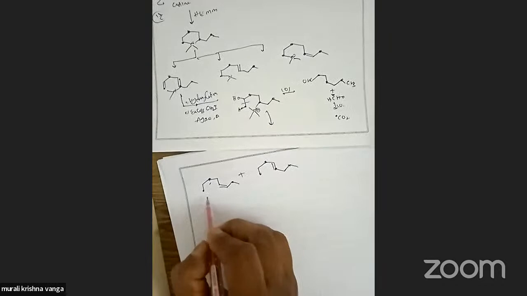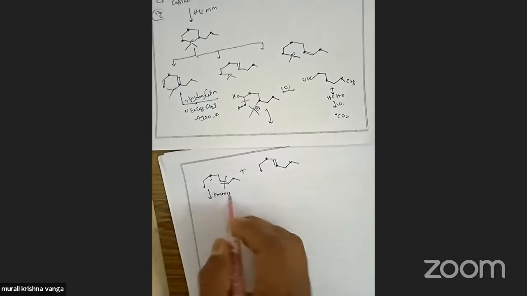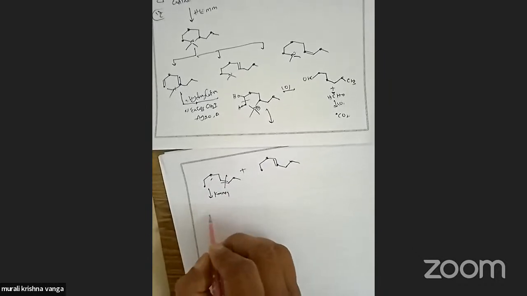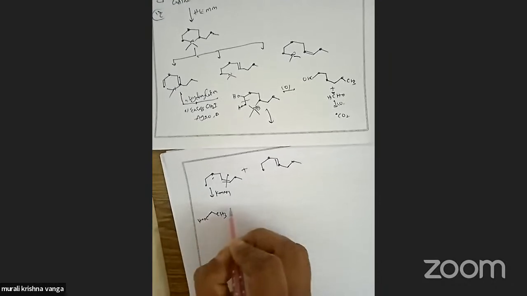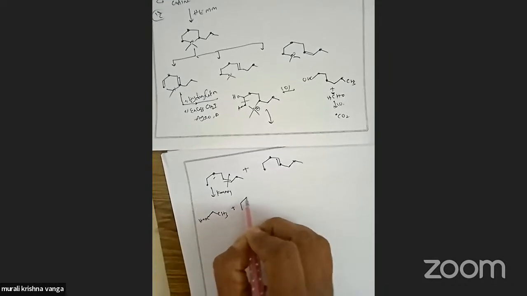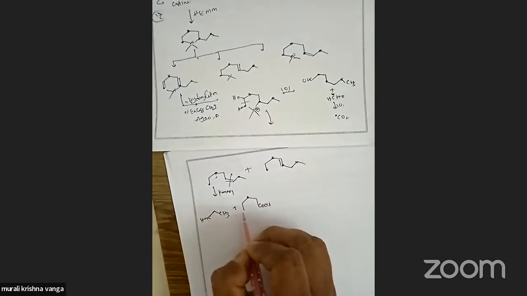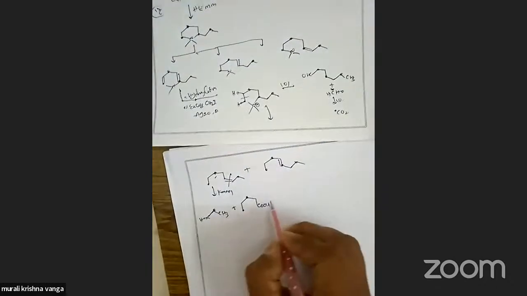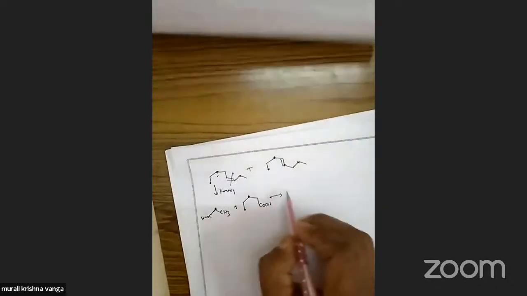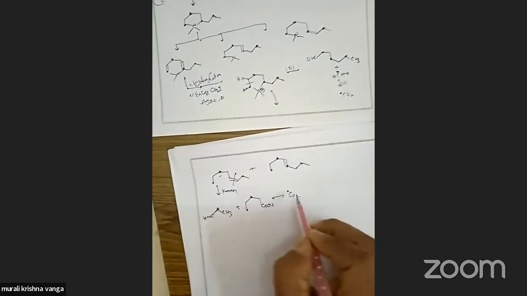When it undergoes KMnO4 oxidation, bond cleavage takes place here, and it undergoes further oxidation to form carbon dioxide.